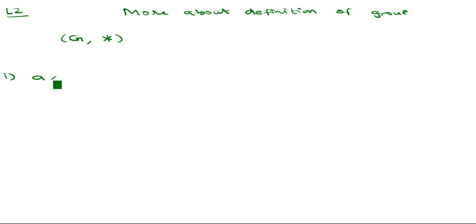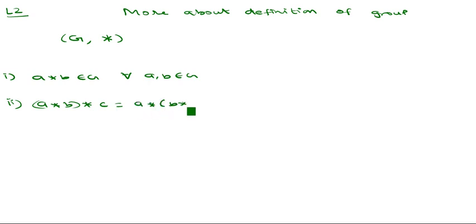The first one: A star B belongs to G for every A, B in G. Second one: (A star B) star C will be equal to A star (B star C). This would be satisfied for every A, B, C in G.